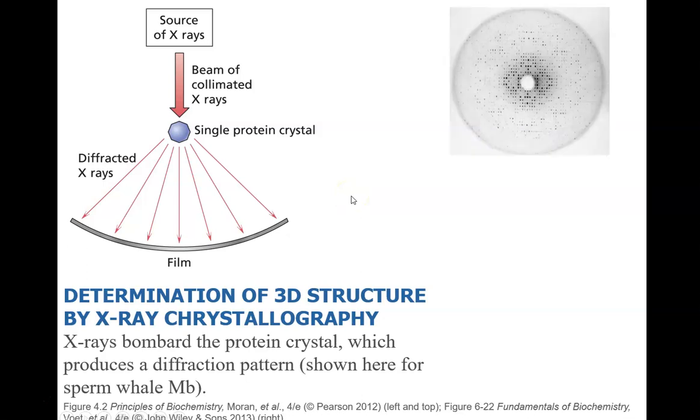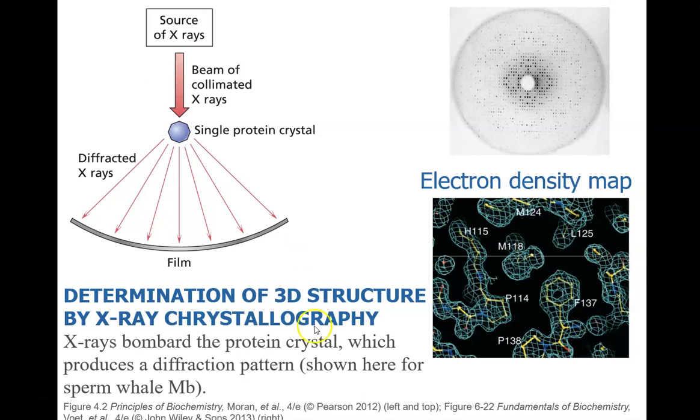You would produce something like this, and if you know the pattern of the dots, you would be able to work backwards and figure out the structure of the protein that produced that diffracted image. So here's an electron density map. There are, of course, powerful computers that help us go from electron density maps and map the primary sequence onto the tertiary structure.